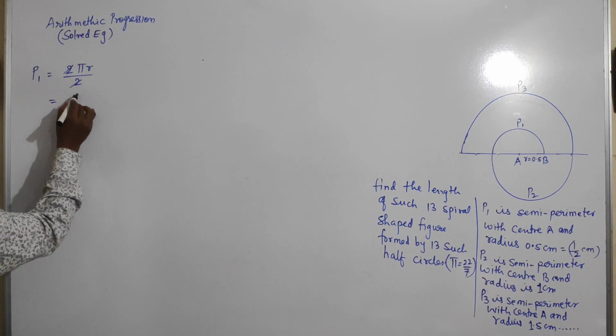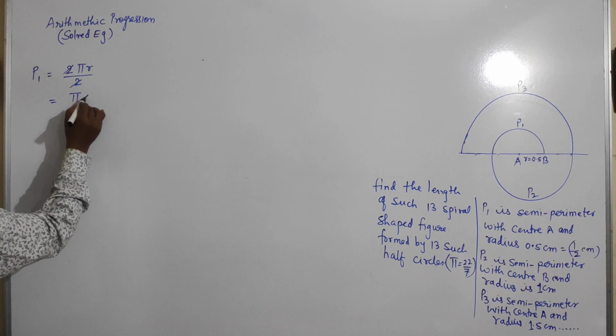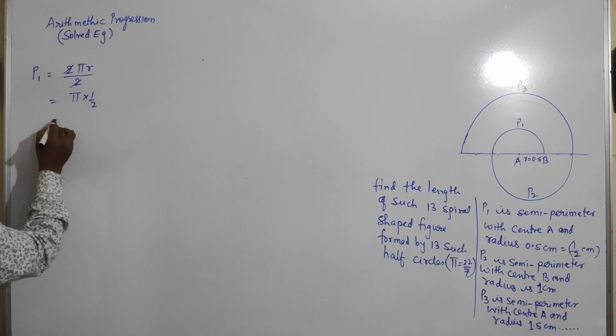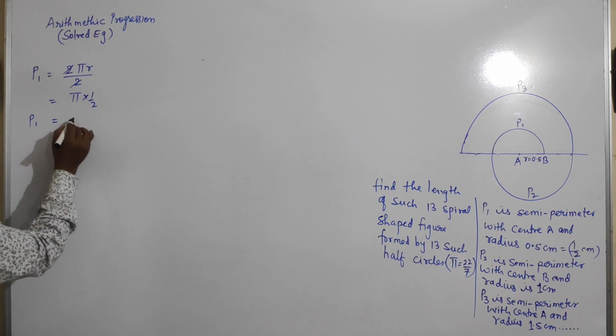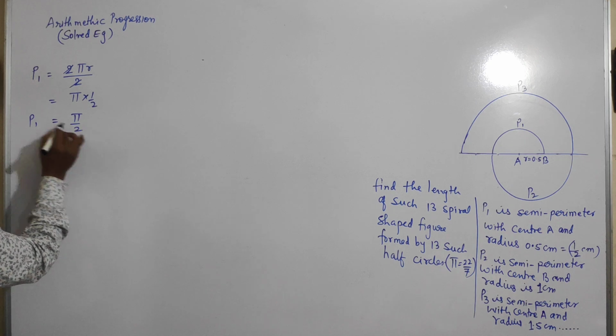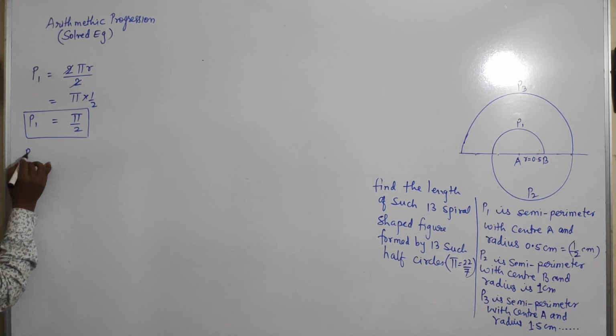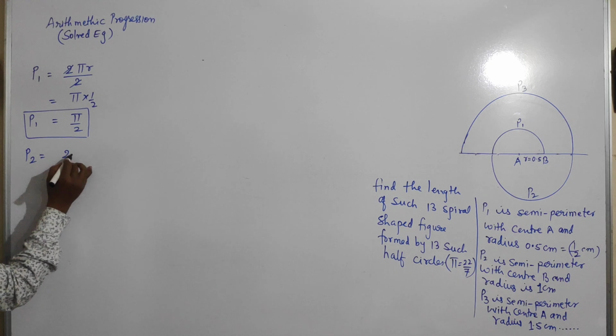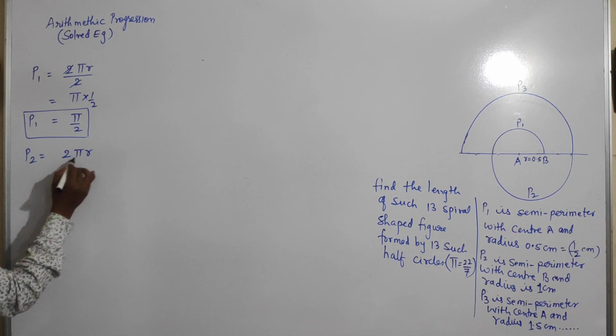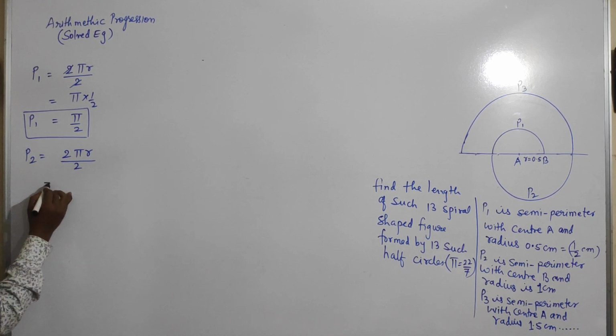The 2 cancels. What is the value of r? 1 upon 2. Therefore P1 is equal to pi upon 2.